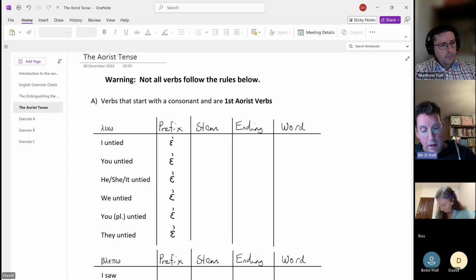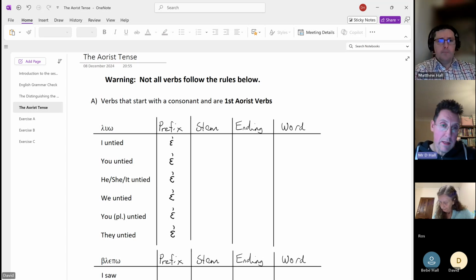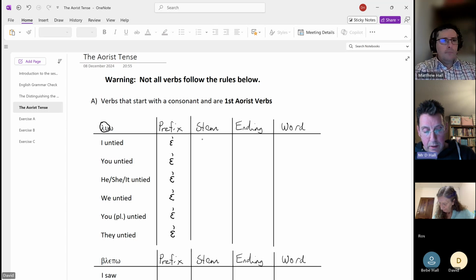So, I untied. We then have the stem, which is exactly the same as it is in the other tenses. It is the main distinguishing part of our verb, to give it its definition. So we've got lu, which is going to go in all of our stems.